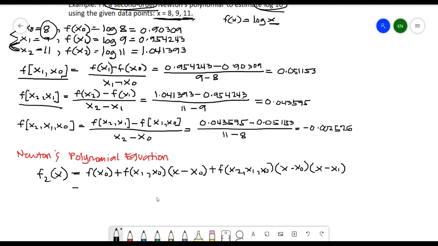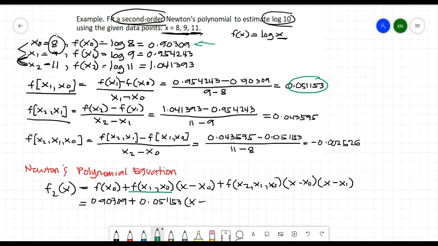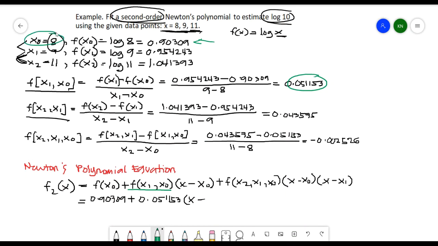The value of f of x sub 0 is 0.90309, plus f of x sub 1, x sub 0, which is 0.051153, multiplied by x minus x sub 0, which is 8.